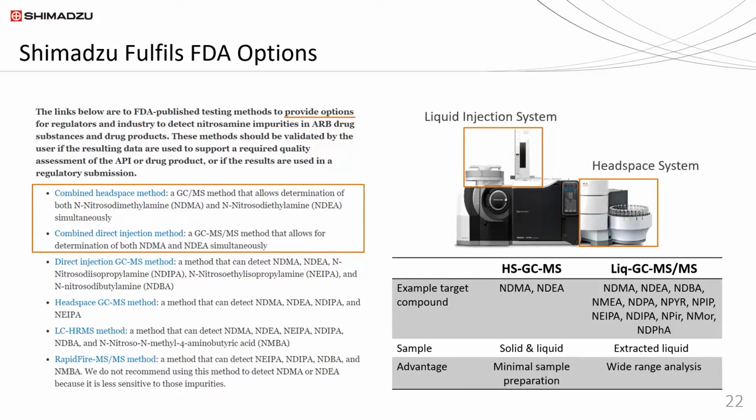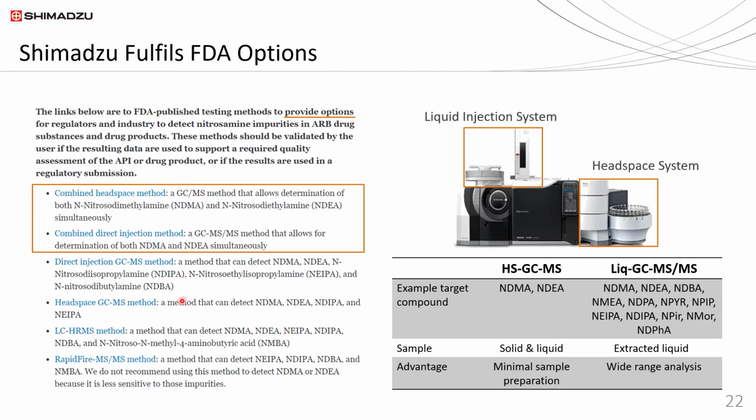At current stage, there is no official method for the analysis of nitrosamines in drug products. FDA has, however, provided several options for nitrosamine detection. Other variants of nitrosamine, including NDMA, NDEA, NDIPA, etc., were included in the proposed methods.